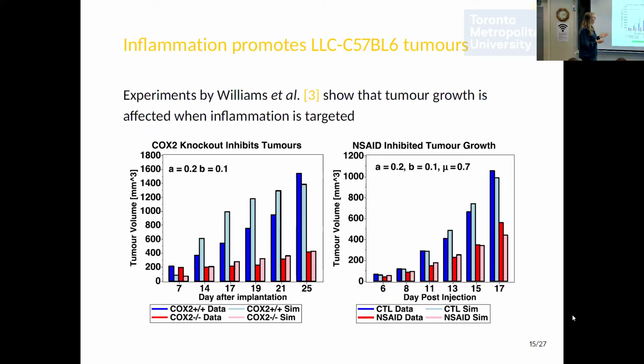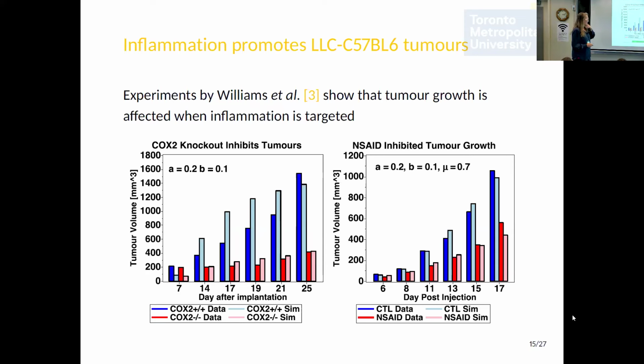We didn't really play with the A and the B, but just by doing that simple thing, by saying we're either knocking out the immune response or it's inhibiting it, we got a pretty good match with the data. So this is the knockout, and you can see we don't do as good at matching data, but with the NSAID, we can match the data fairly well.